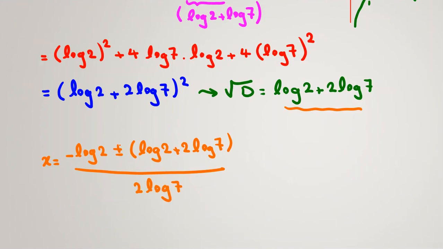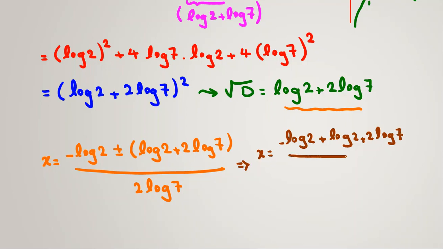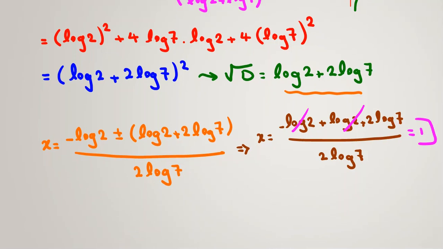So we should consider 1 times plus, 1 times minus. Let's consider plus first: x equals negative log 2 plus log 2 plus 2 log 7, all over 2 log 7. Here, log 2 and negative log 2 will be cancelled. 2 log 7 over 2 log 7 is 1. It's the first one, the one we found at the beginning of the video.